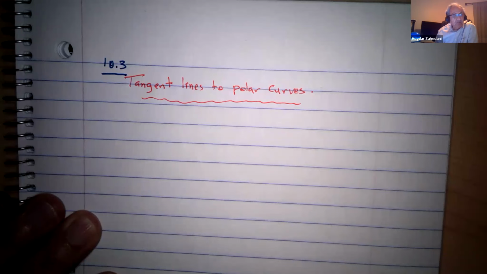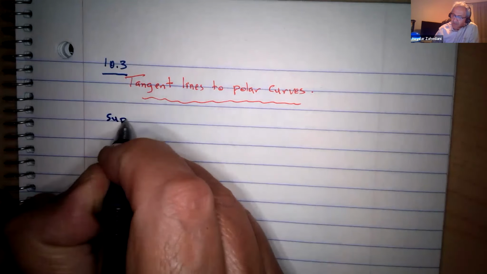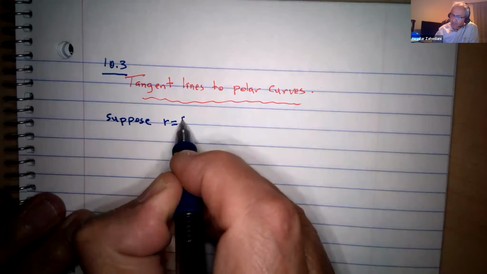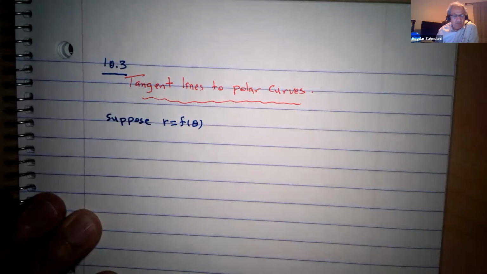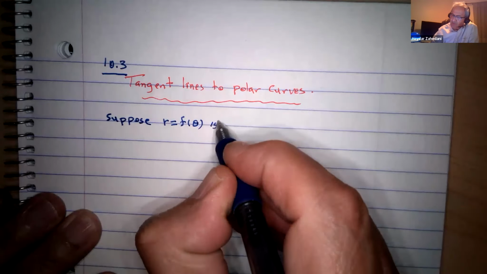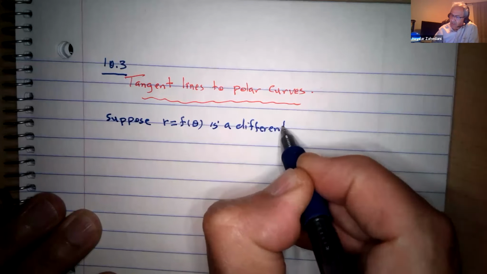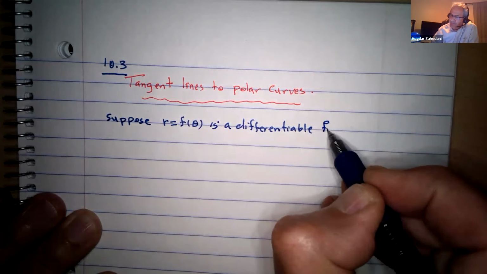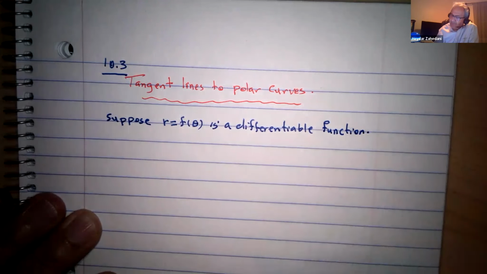The equation in polar form is, let me just remind you, r equal to f of theta, a differentiable function, so we can differentiate r with respect to theta.